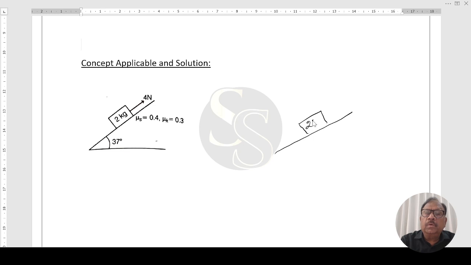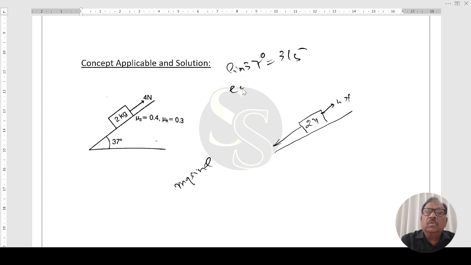This is 2 kg, 4 Newton is acting in this direction. The value of sin 37 is 3/5 and cos 37 is 4/5, right? mg sin theta is 2 into 10 into 3/5, that is 12 Newton.